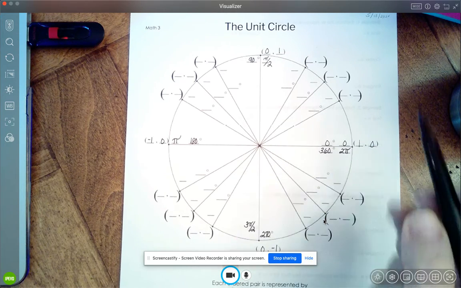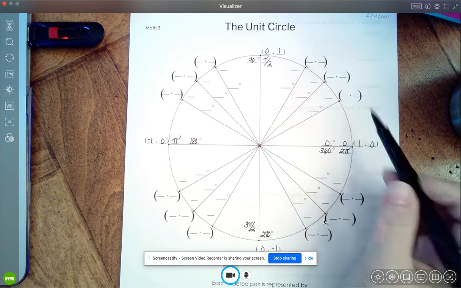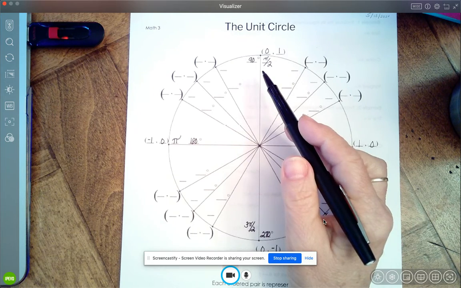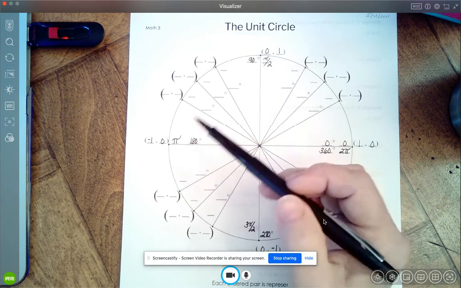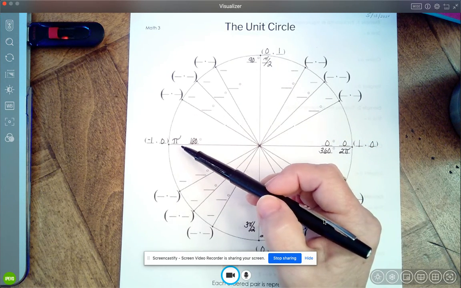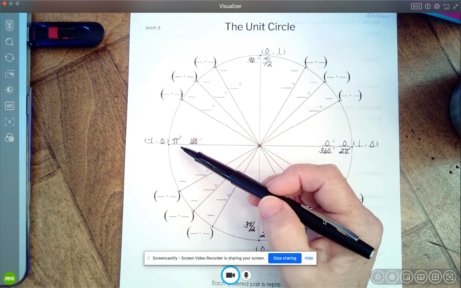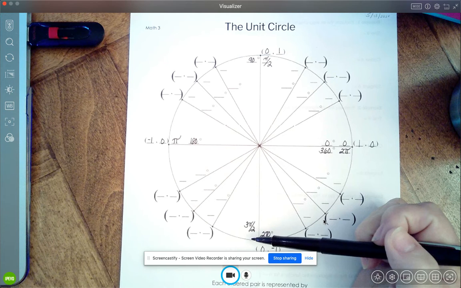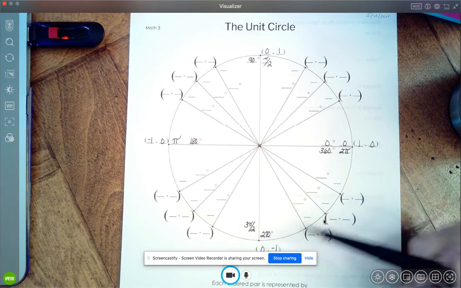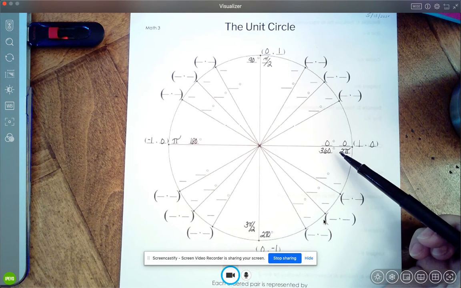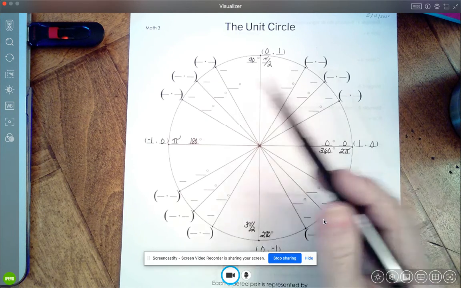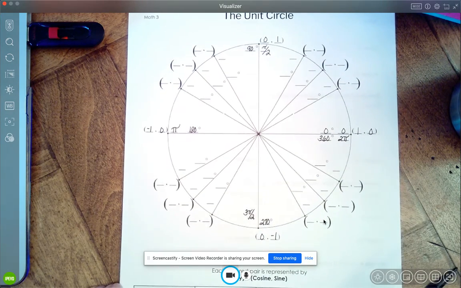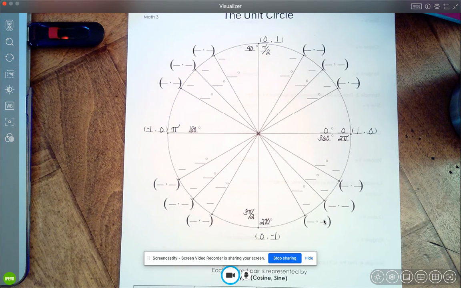These are my quadrants: between 0 and 90 degrees is my first quadrant, between 90 degrees and 180 degrees, or pi over 2 to pi, is my second quadrant, between pi and 3 pi over 2, my third quadrant, between 3 pi over 2 and back up to 2 pi or 360 degrees is my fourth. And we have labeled all the coordinates there.